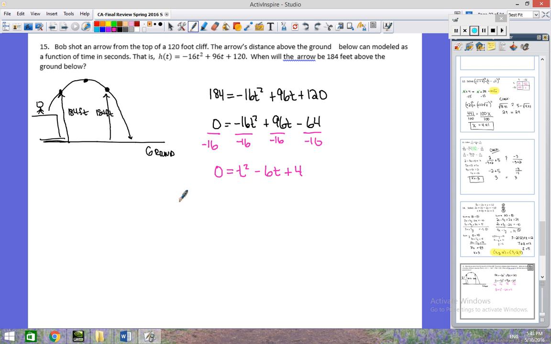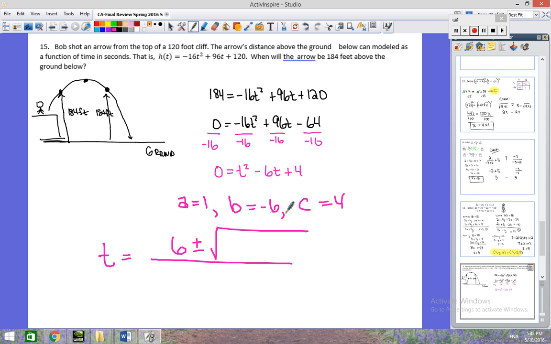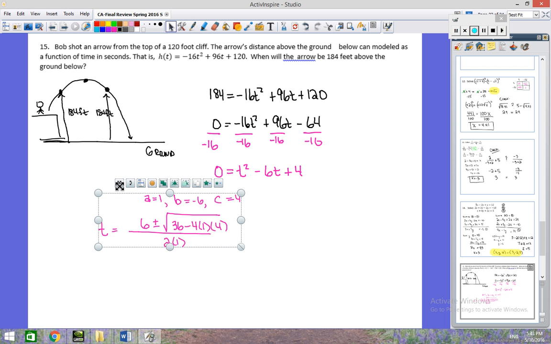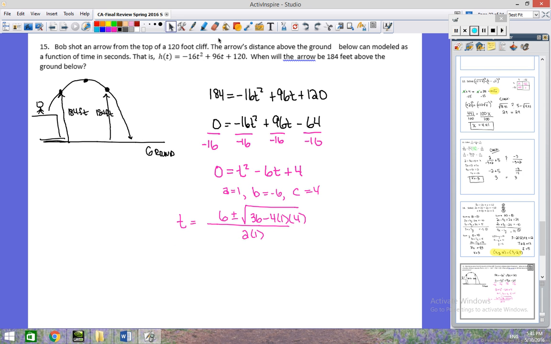Alright. So let's identify A, B, and C. A is 1, B is negative 6, C is 4. We're going to have the opposite of B, which is the opposite of negative 6, positive 6. B squared minus 4AC. Well, B squared, negative 6 times negative 6 is 36, minus 4 times A times C, all divided by 2 times A. A nice feature about writing on this wireless tablet is that I can shrink my size up and create plenty of room to work in.